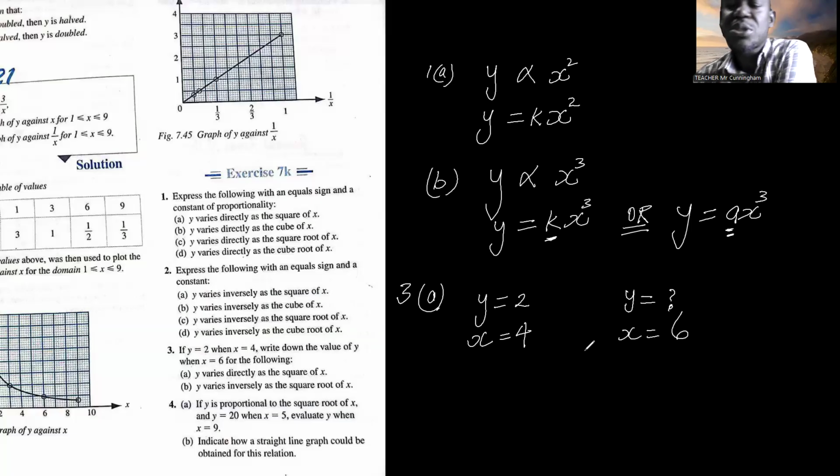Now, when you're doing these questions, you must find your constant. That's the first thing you must know.